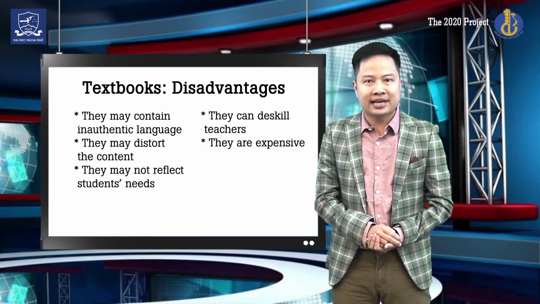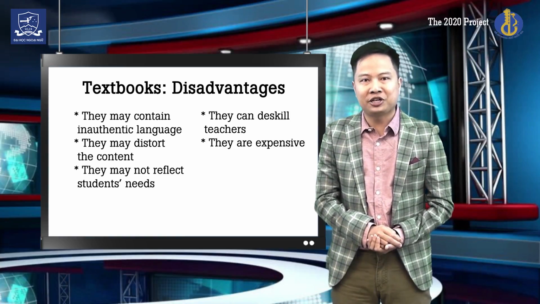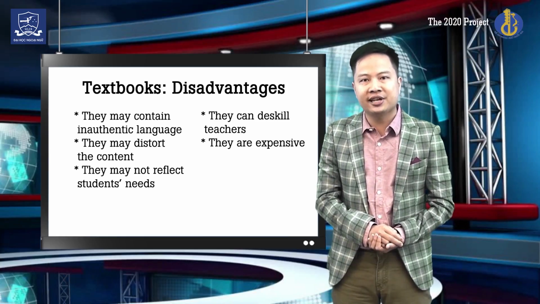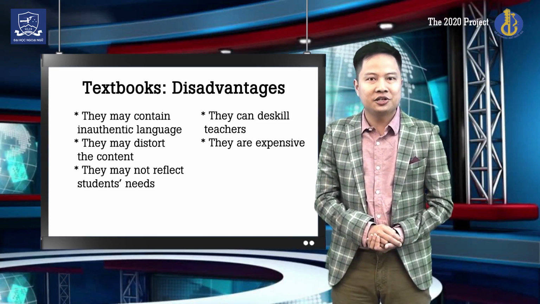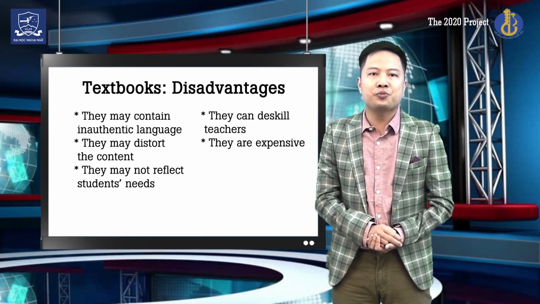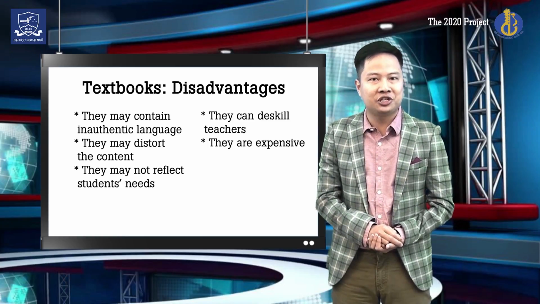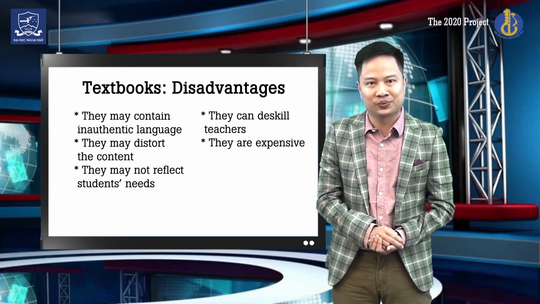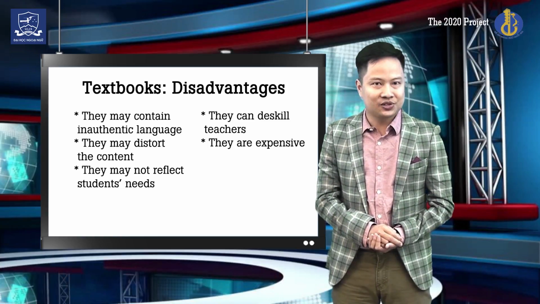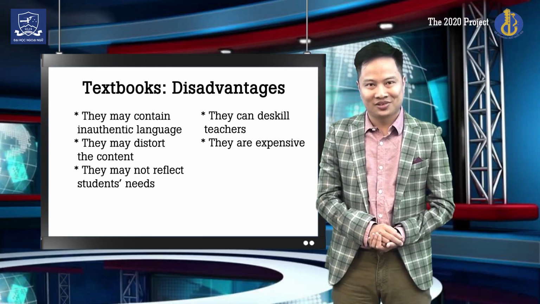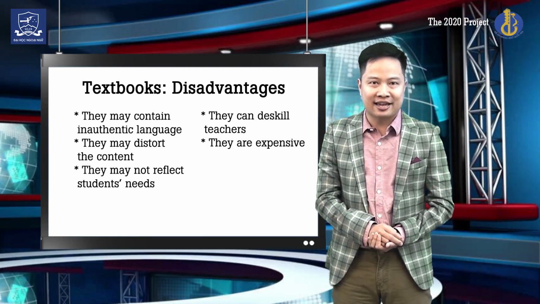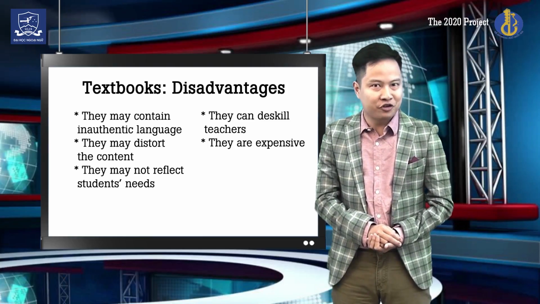If teachers use the textbooks as a primary source of their teaching, leaving the textbook and the teacher's manual to make the major instructional decisions for them, the teacher's role can be reduced to that of a technician whose primary function is to present materials prepared by others. Next, they are expensive. Commercial textbooks may present a financial burden for students in many parts of the world.